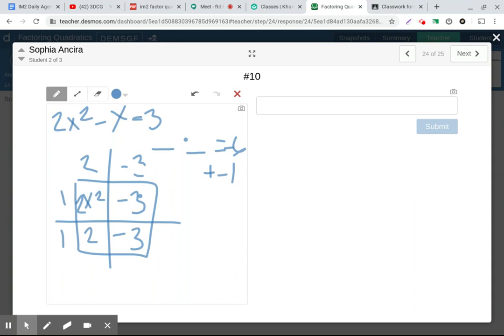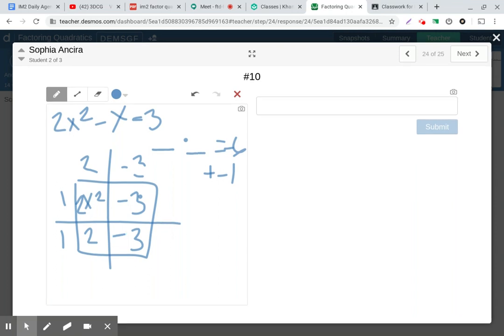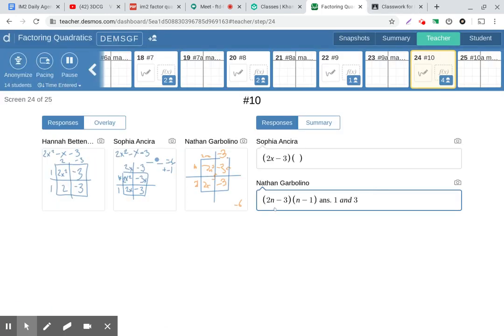And also I was a little confused myself, right? All right, so then you'd have 2x minus 3 and then x plus 1, right? Is that what you got? Yeah, 2x minus 3. I think it's x plus 1, right?